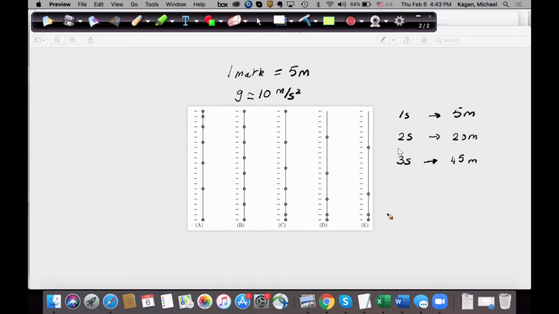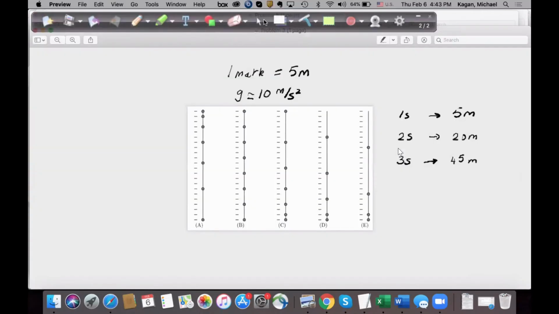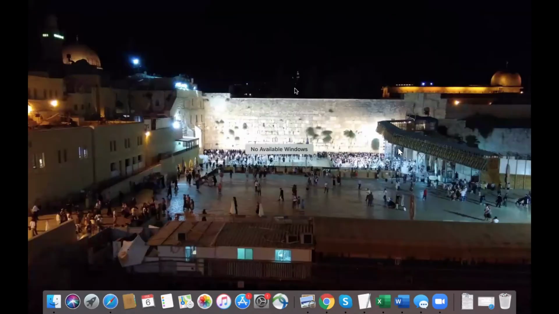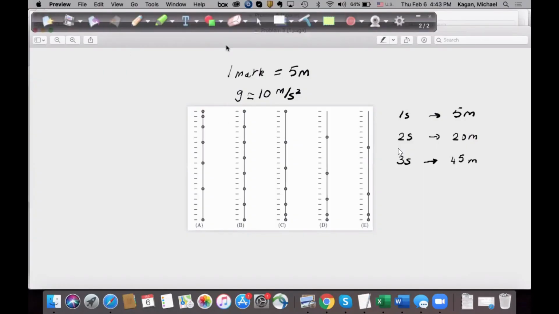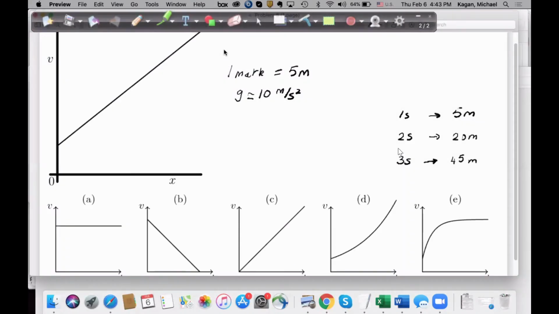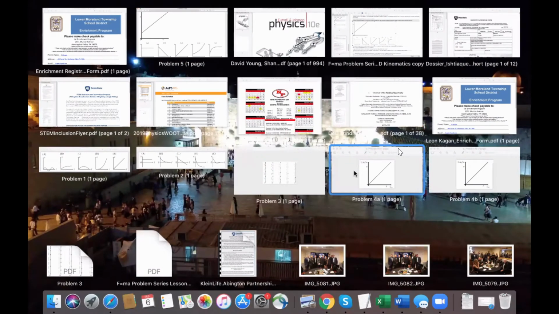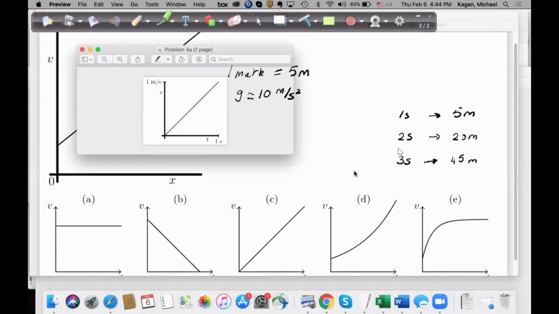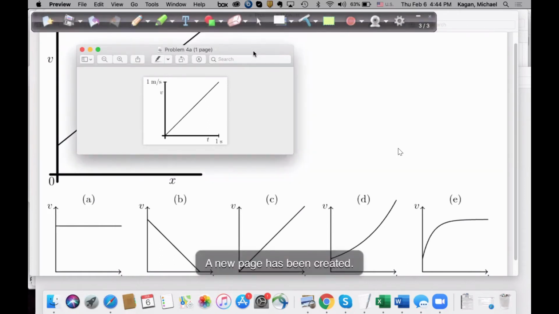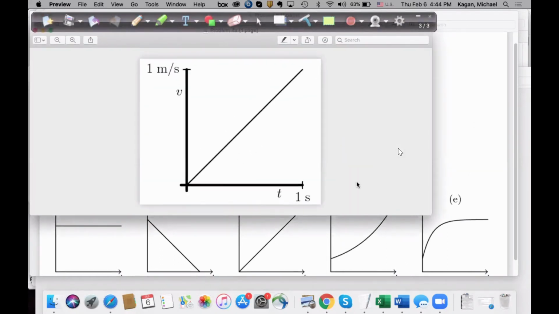Something about non-constant acceleration. Actually, let me ask you an auxiliary question to this.